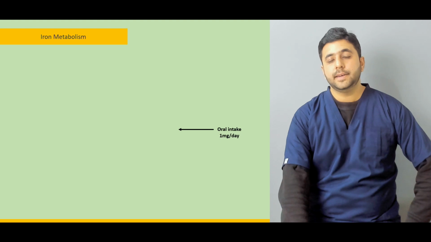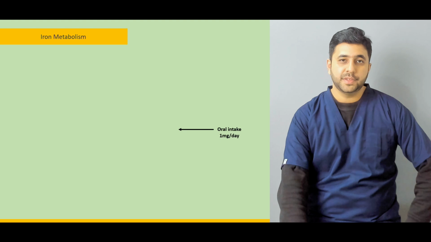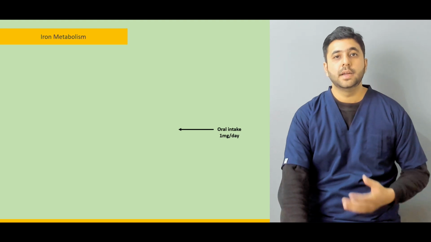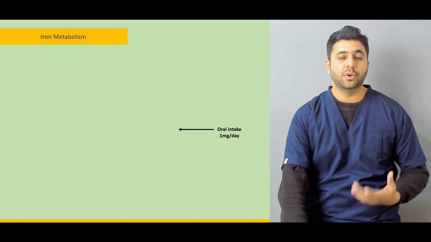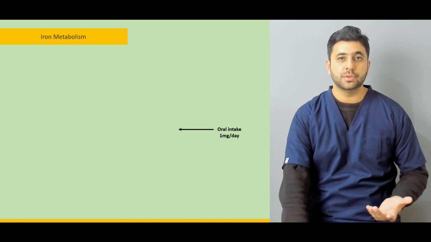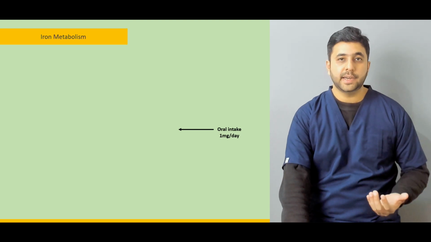When we orally take foods containing iron, for example red meat or something which is very high in iron content, a lot of it is absorbed and it moves into the circulation. But with certain foods which have low iron content, only a small portion of the iron is absorbed. So whenever we orally take iron, it moves into the enterocytes.